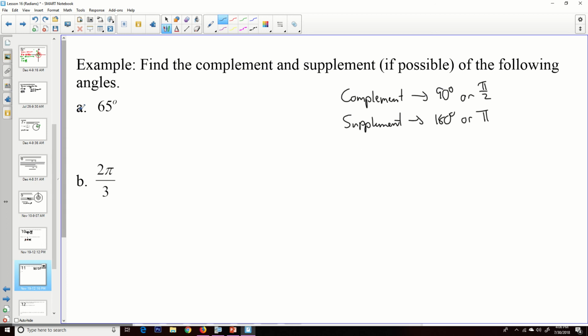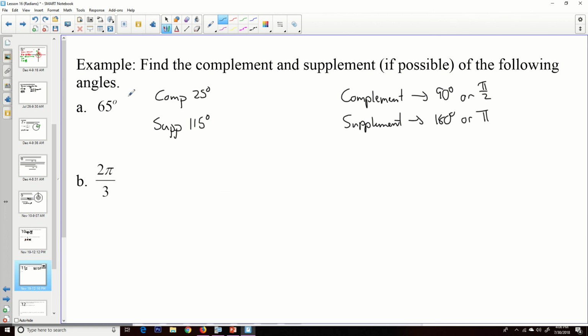Okay, so in this case, if I have 65, then I have a complement of 25 degrees because 25 and 65 is 90. And I can find the supplement of this one if I subtract 65 from 180, I'll get 115 degrees. Yeah, that's right.